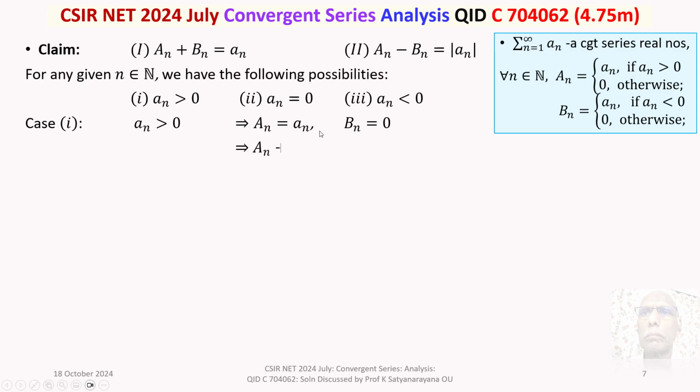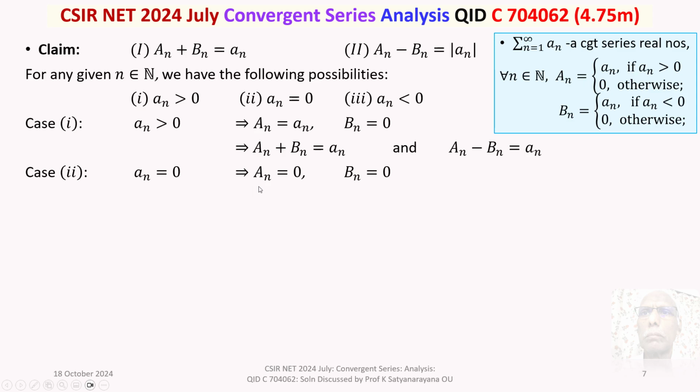Then A n plus B n is a n. A n minus B n is a n. Right. So in the first case, what we have claimed is true. Case 2. a n is equal to 0 implies, by definition, capital A n is 0, capital B n is 0, capital A n plus capital B n is 0, capital A n minus capital B n is 0.